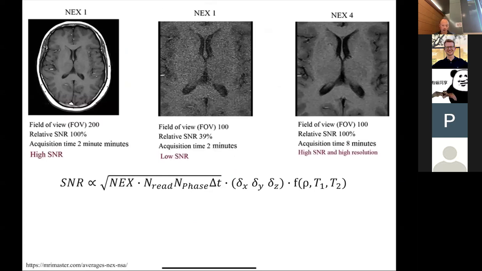Here's an example. We start off with this example where the field of view is 200. Then they reduced the FOV from 200 to 100.